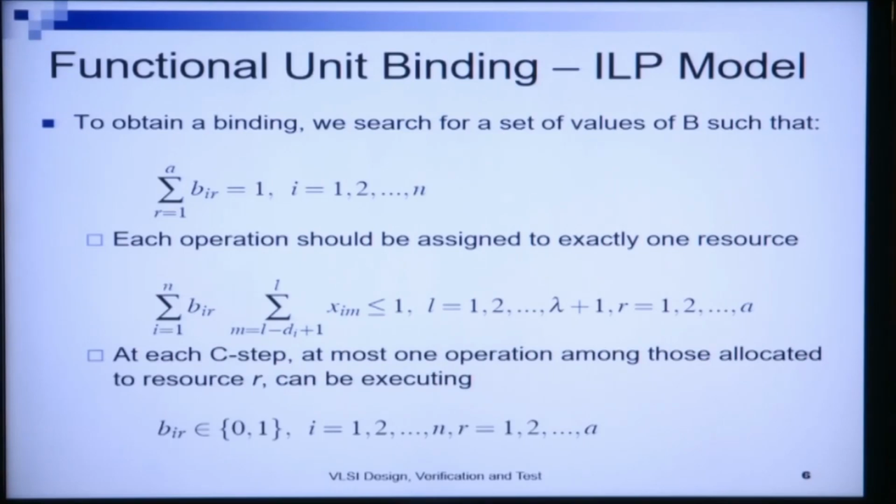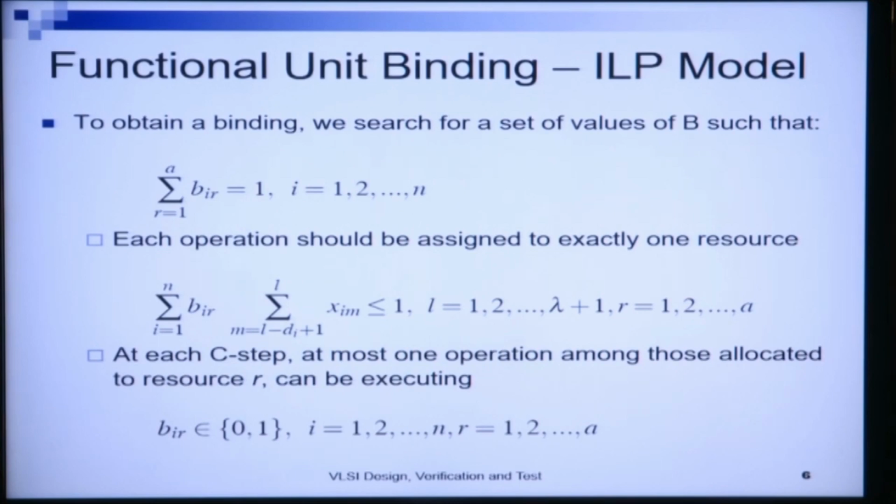When we multiply this term with this term, it gives me all operations that are bound to resource r and are actively executing at time step l. This term gives me whether an operation is active at time step l, and this term gives me all operations that are bound to resource r.